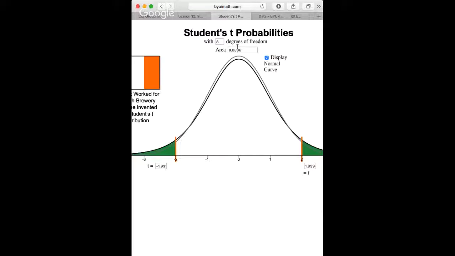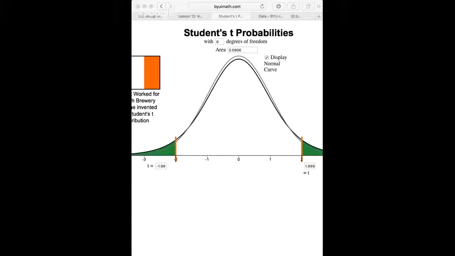If we round that to 3 decimal points, it's 0.081. Oh, I see what you mean. Oh, okay, I got it. I understand differently. Okay, question number 5.